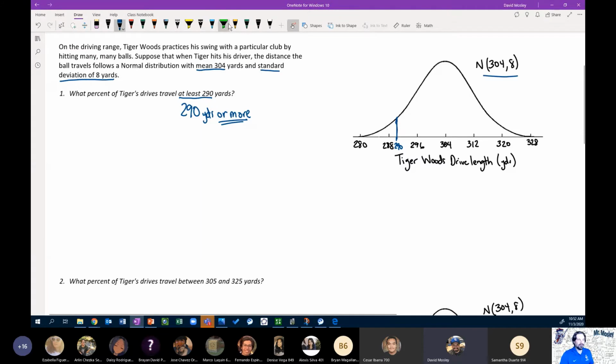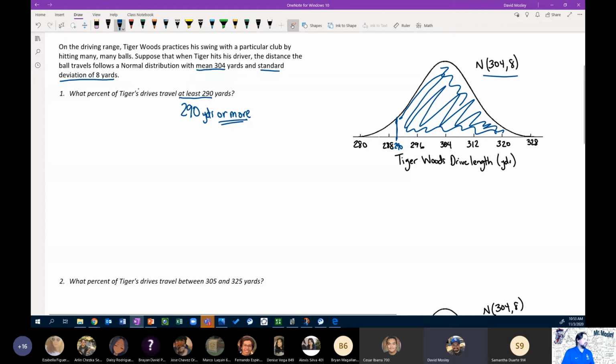And if I want 290 or more, I'm looking to the right of this point, not to the left, which means when I find this value on table A, I need to subtract that from 1. I don't need what's to the left, I need what's to the right, which would be 1 minus whatever proportion is to the left, which is what I find on table A. So it's important to make that distinction before you start doing the work so that you understand what you're looking for. So now we're going to standardize this value to a z-score so that I can use table A.